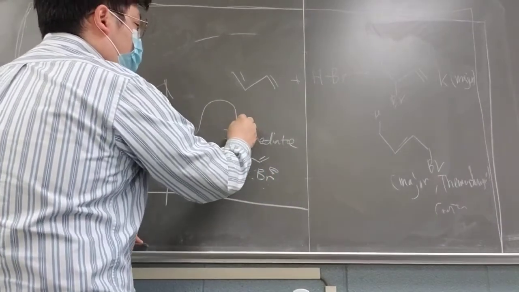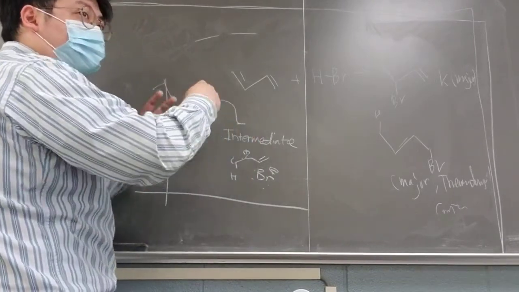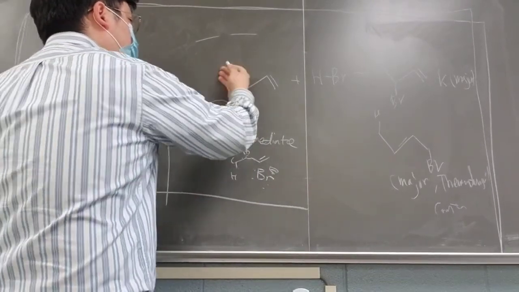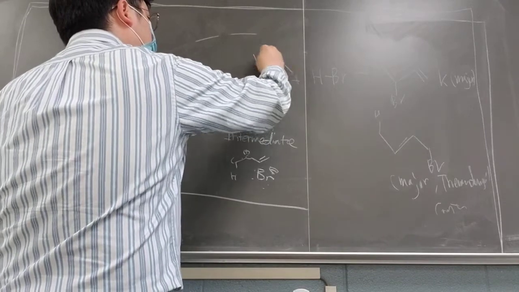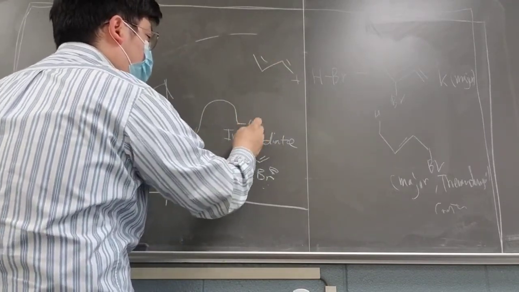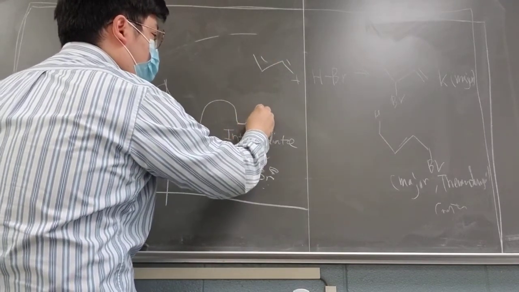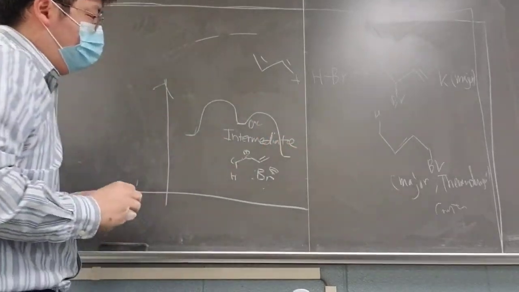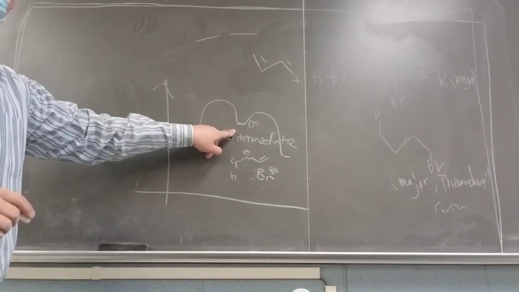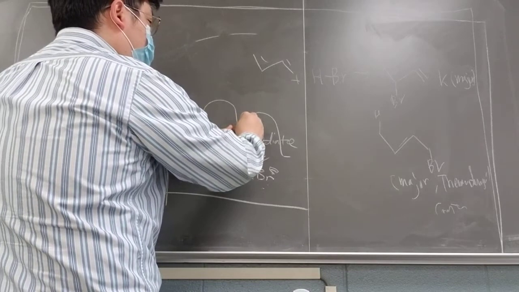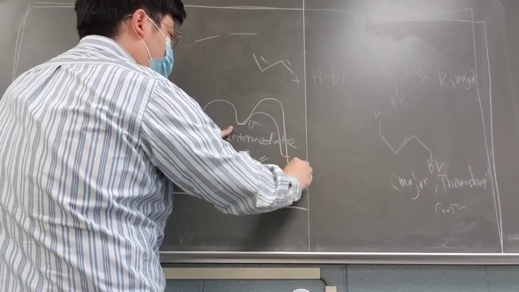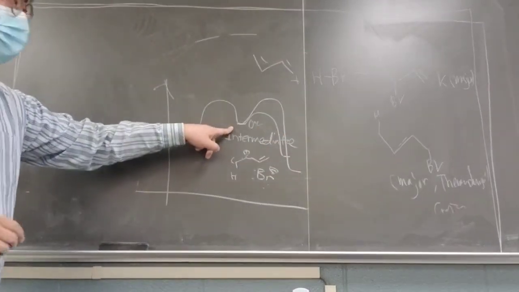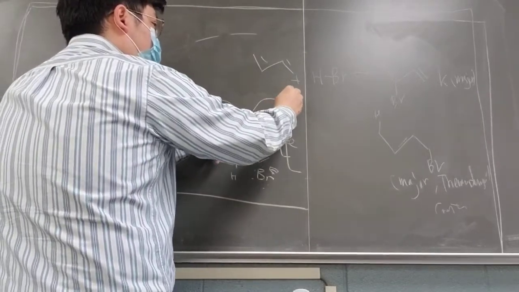Okay? And then if it's just at 0 Celsius degree, kinetically controlled, they're going to be this, okay, in the second step. But thermodynamically will be higher, but yet lower. Okay, so this is 40 Celsius degree.